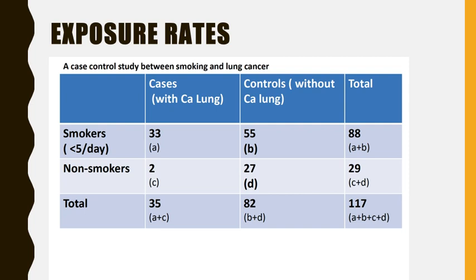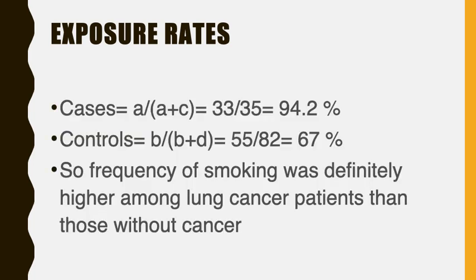In the second row, we had 2 non-smokers who developed lung cancer and 27 who did not, for a total of 29 non-smokers, for a total of 35 cases of lung cancer and 82 cases without, and an overall total of 117.